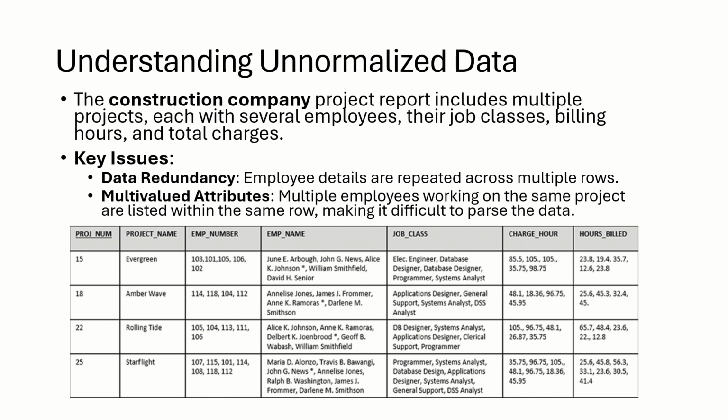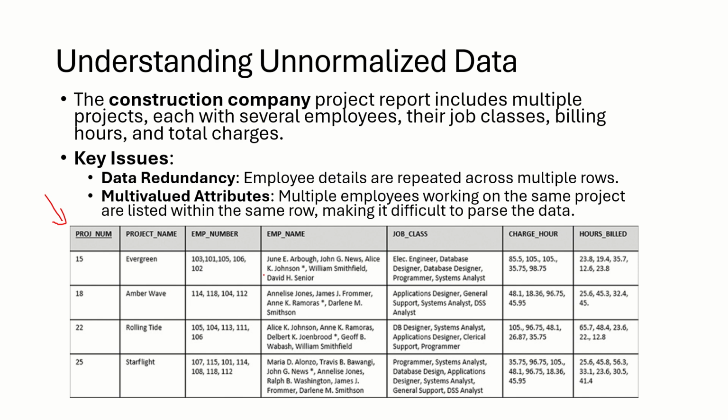Now, they're trying to understand unnormalized data. As we said, if the data is not normalized, that means the data would be very redundant, and also it's very hard to edit, right? So in this example, we have this table, where we store unnormalized data.